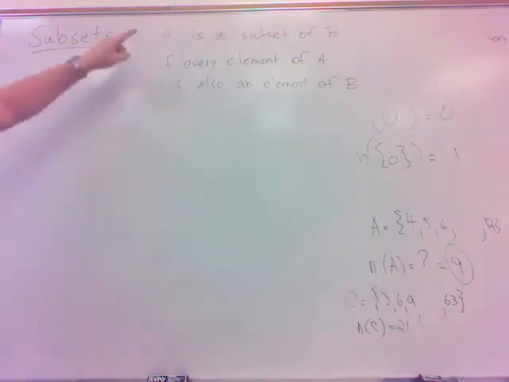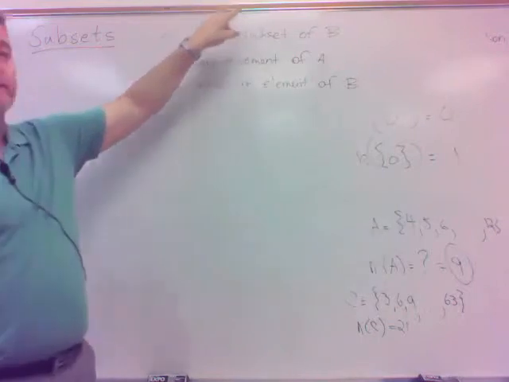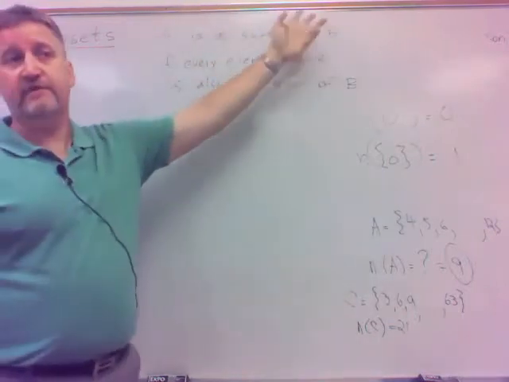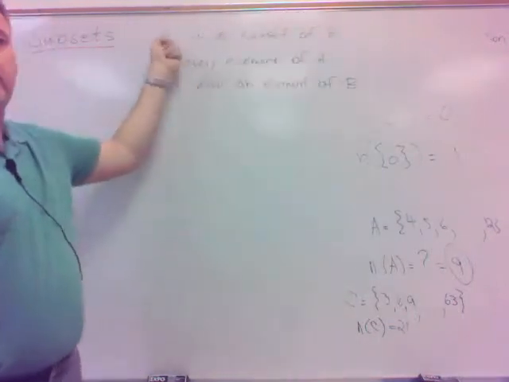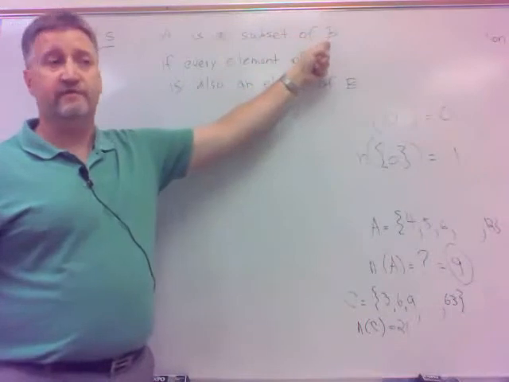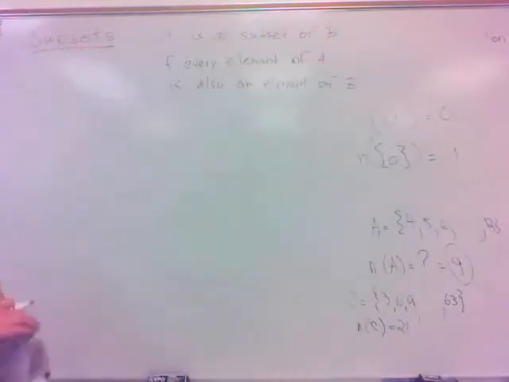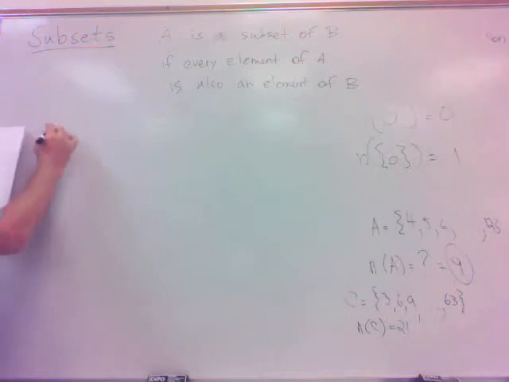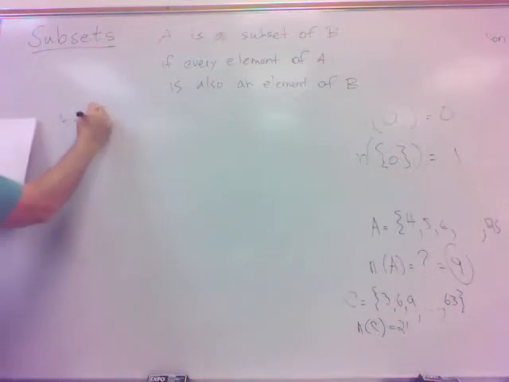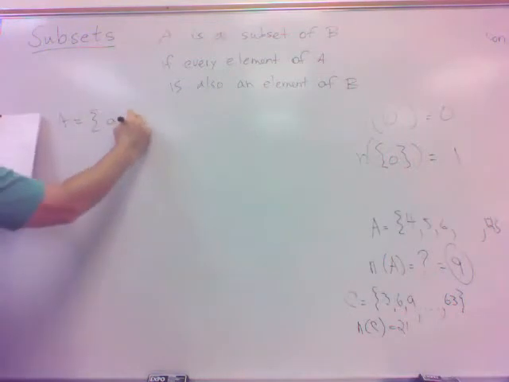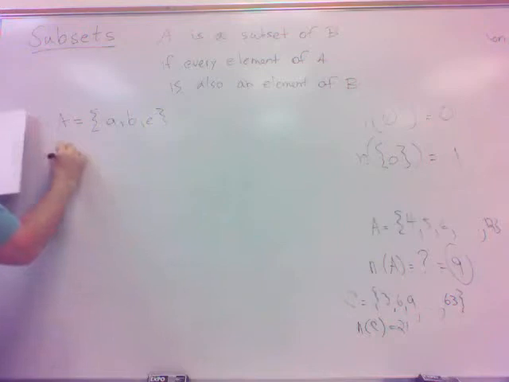The idea meaning, yeah, this is A is a part of B. Another way you could put it: everything in here is also an element here. So a real good example here. If I had A is little a, little b, little e.